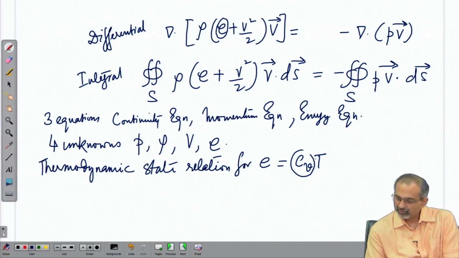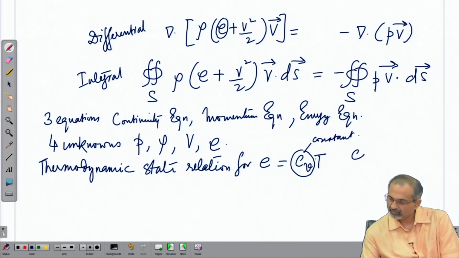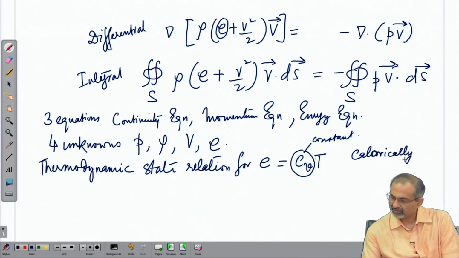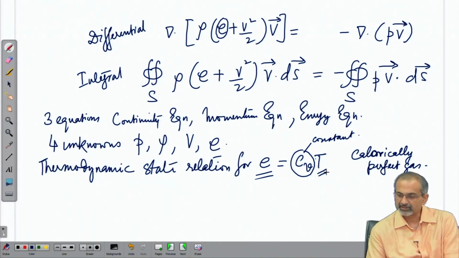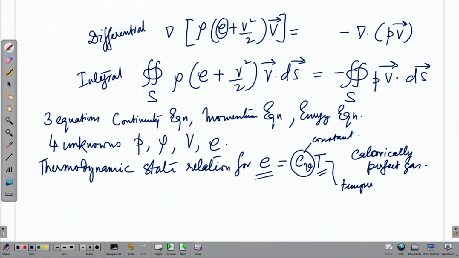That means this value remains constant for a calorically perfect gas. We have now been able to define E in terms of this constant and temperature, which means a new variable has come in, temperature. How do we solve the problem now?